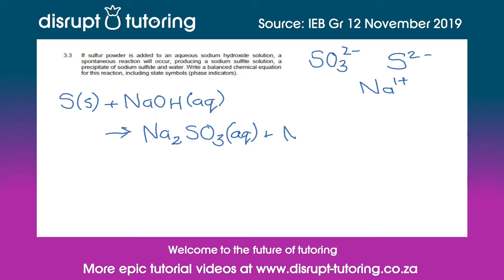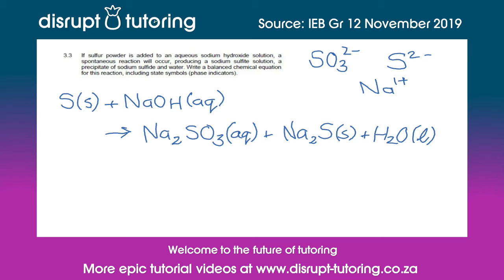So we have our sodium sulfide, and once again we have an oxidation number of 2-, so we will need 2 sodium atoms bonding with the sulfide ion, and that will be a solid. Lastly, we have water, which is produced, and that is H2O, and that is a liquid.